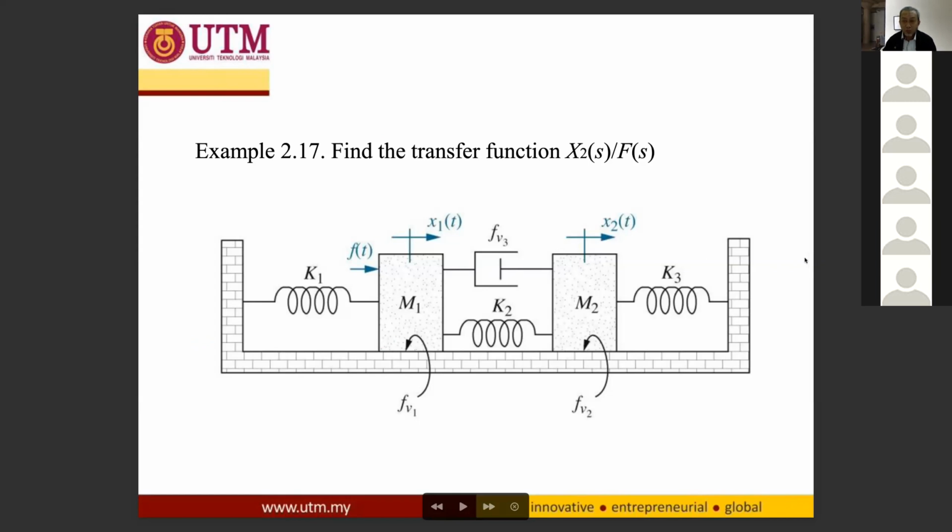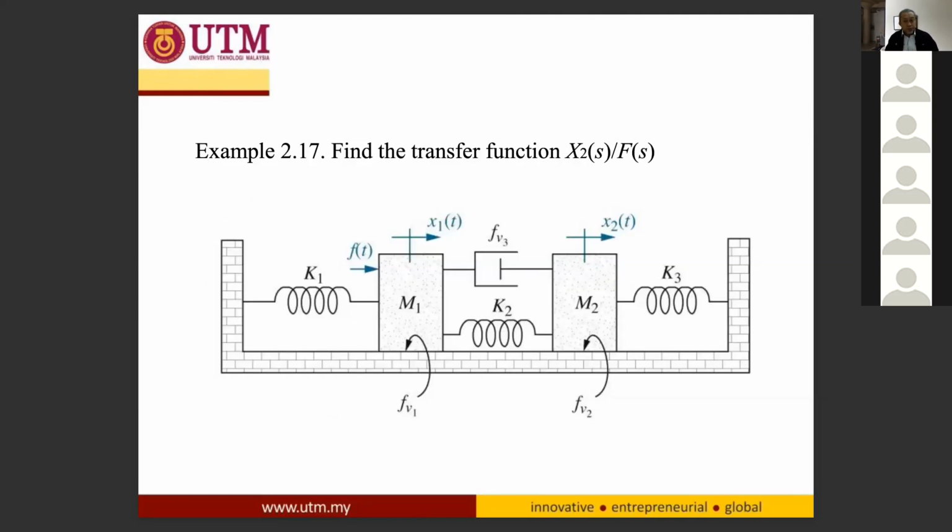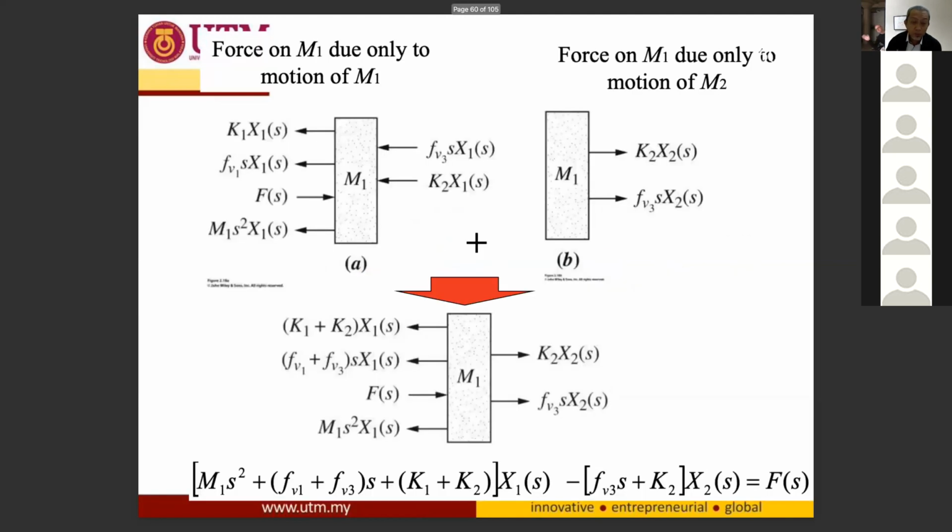You can refer to the book chapter that I gave you in the WhatsApp list. In order to solve this, we have to draw the 2 free body diagrams, corresponding to M1 and M2.